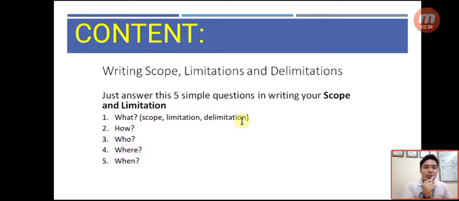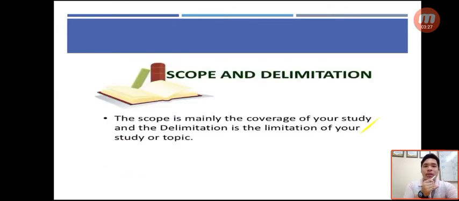So, scope and limitation, it is a form of sentence that is answerable by what, how, who, where, and when your research will be done. Nakalagay dun sa inyong scope and limitation is yung data, kung paano nga ba or saan siya gagamitin. Yun nga, sinabi ko sa inyo, kailangan masasagot yung 5 questions na yun.